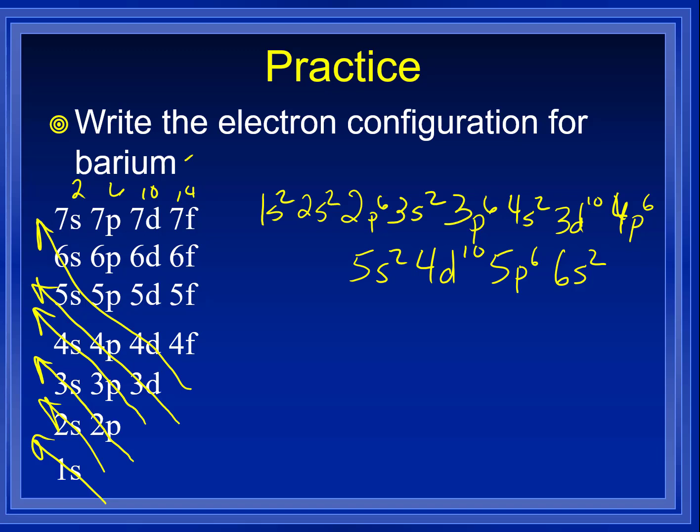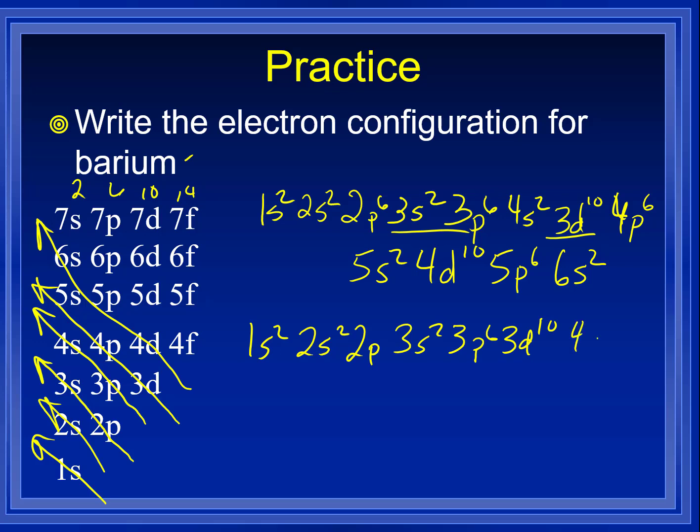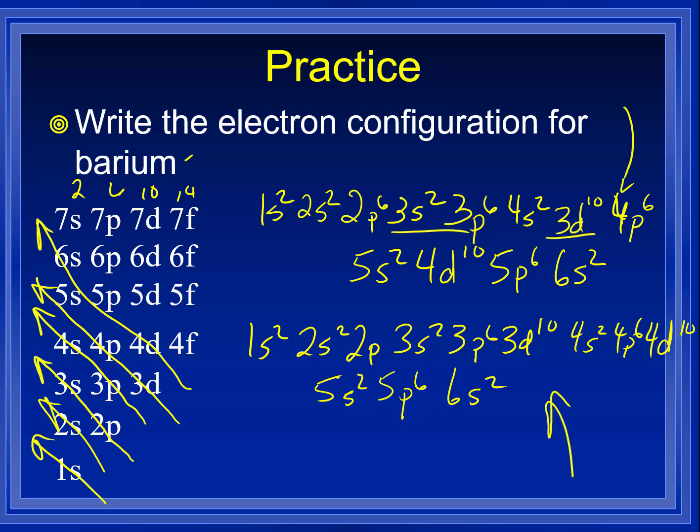It'll put all the 1s together first, 1s2, then all the 2s, 2s2 and 2p6, then all the 3s, 3s2, 3p6, 3d10, then all the 4s, 4s2, 4p6, 4d10, then the 5s, 5s2, and 5p6, and then the 6s. I prefer this one. Your book occasionally writes that one. Watch out for that. Okay?